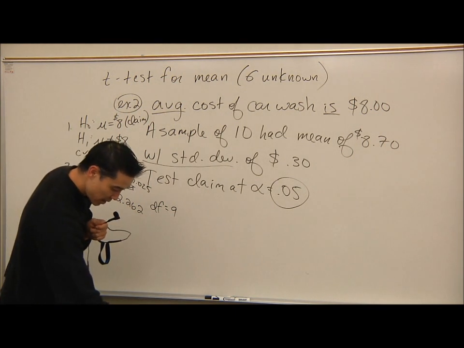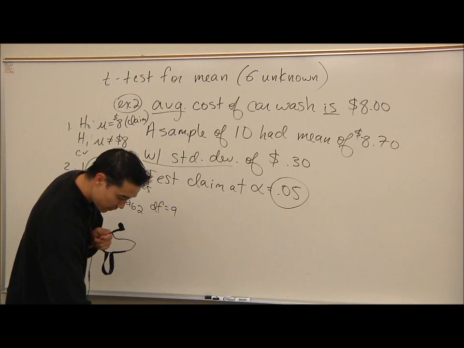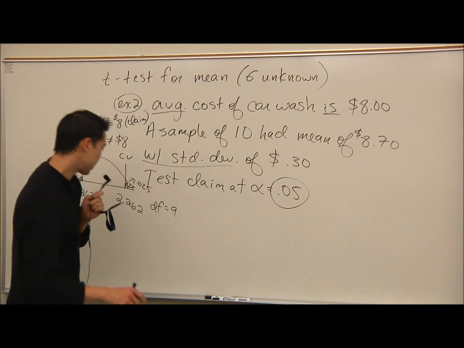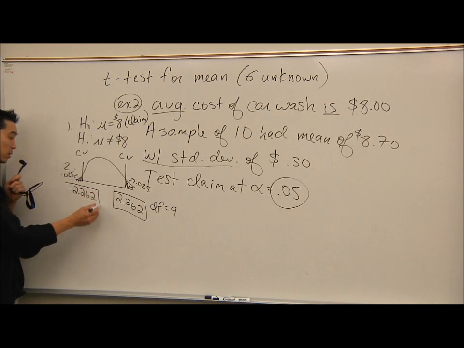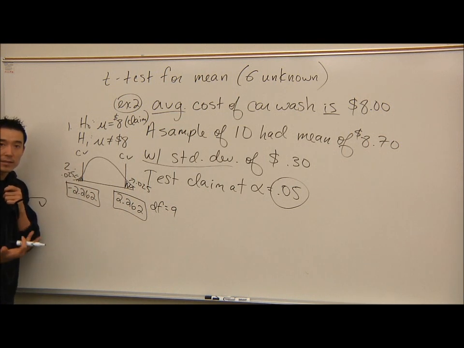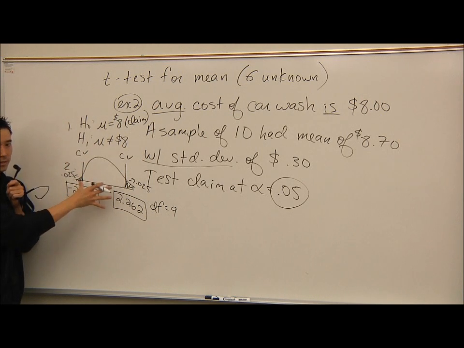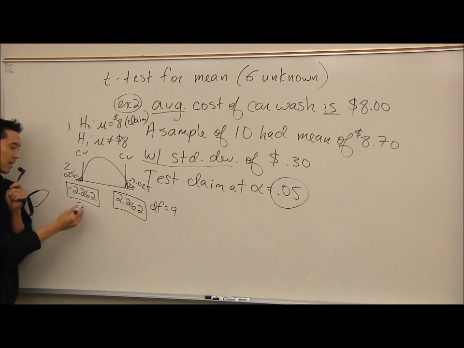Again, that's alpha 0.025 in 1 tail or 0.05 in 2 tails, and degrees of freedom 9, 2.262. Please make sure you can see these numbers, because otherwise you're not getting step 2 correct. It's super important. Each step leads to the next, right? This tells me it's two-tailed. This tells me where to label my critical values. Next is my test value.